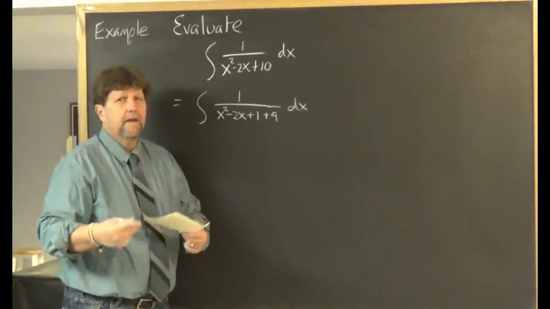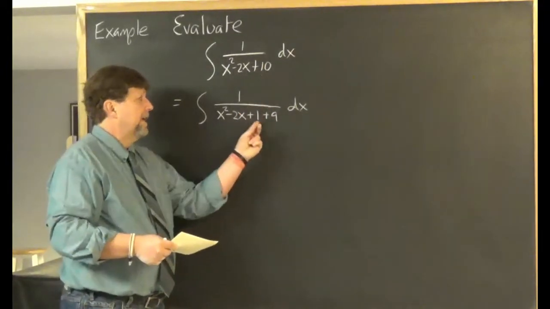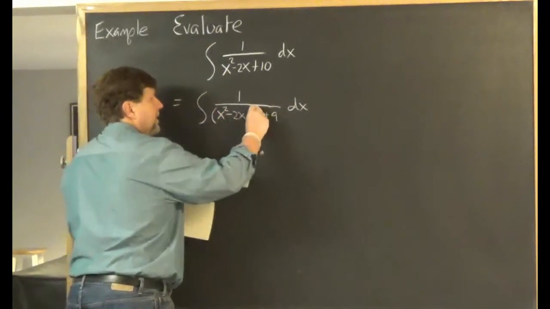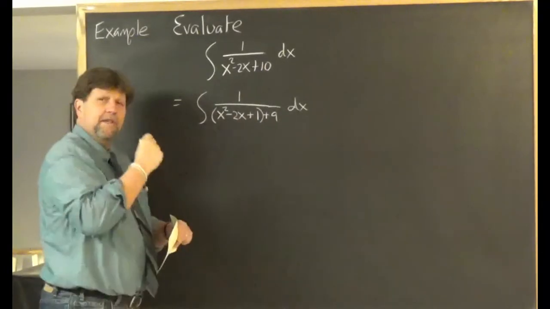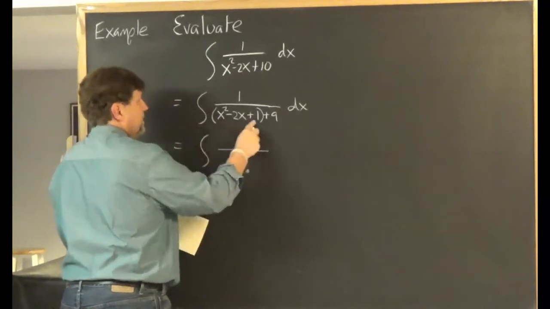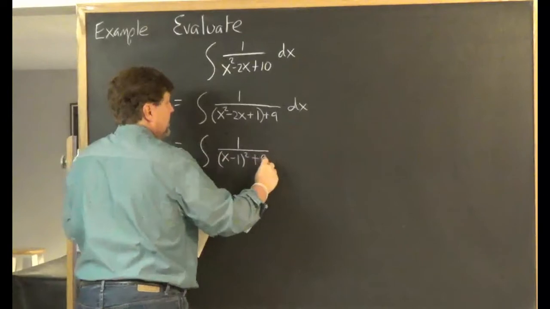This is the trick, completing the square in the denominator. I like to see 10 as 1 plus 9 because if I put those in a group, this factors as a perfect square. This factors to the quantity x minus 1 squared plus 9.